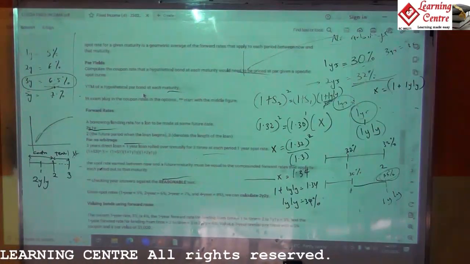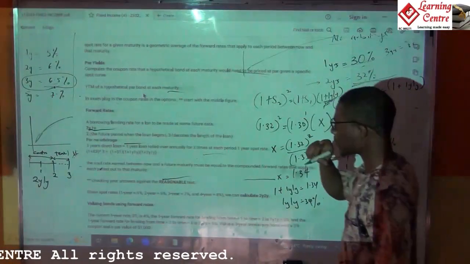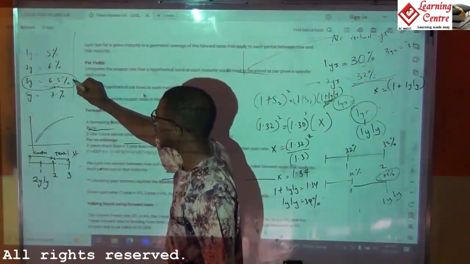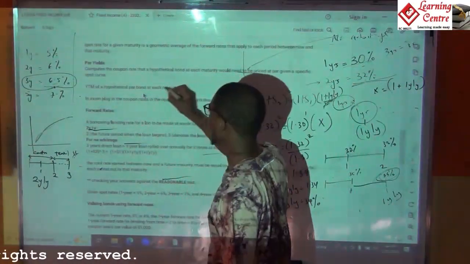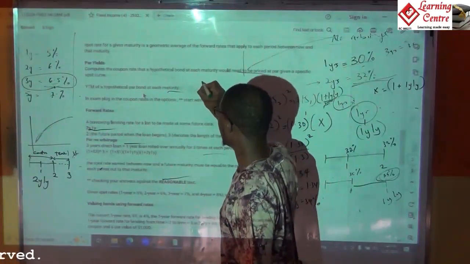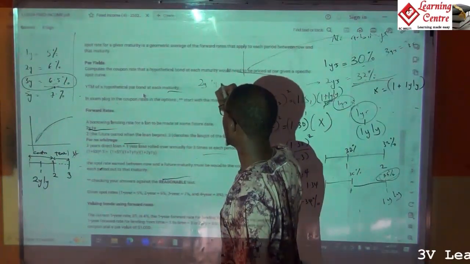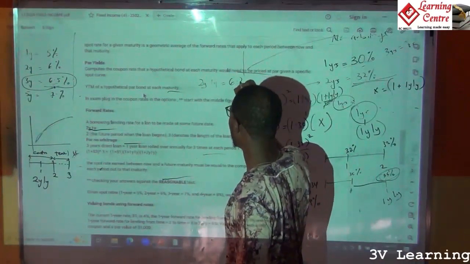You can pick any number. If we decide to run this together now, we know that for a 3 year straight loan it's 6.5. And I've come to ask for a 1 year loan to start in 2 years' time, and they are quoting 6.5.